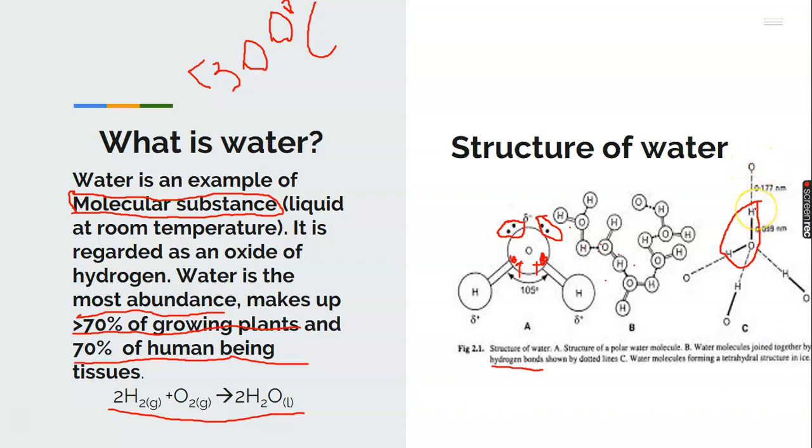The bond distance between hydrogen here and this dotted line, which is showing you there is an intermolecular length. That's the intermolecular length between the hydrogen of one molecule of water to the oxygen of another molecule of water.